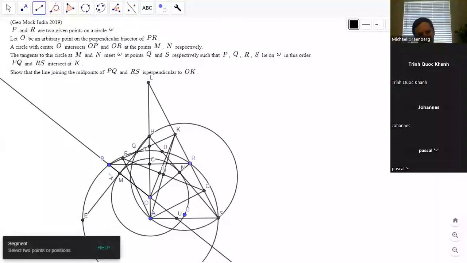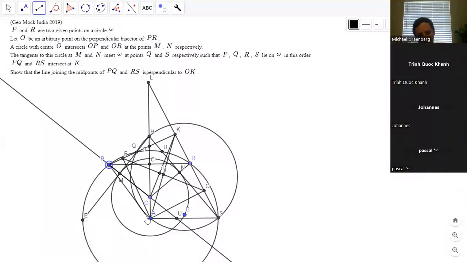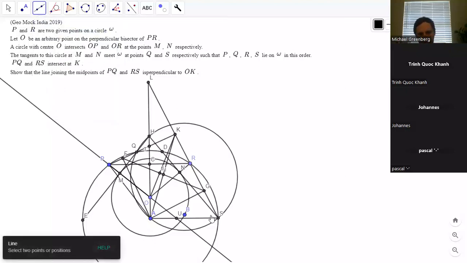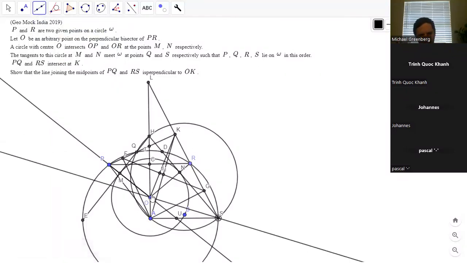So PO meets AS and PA meets OS. So maybe I could get rid of L after this. So it's equivalent. It's also equivalent to showing KU and KV are isogonal. I don't know if that's any easier, but just thinking about it.